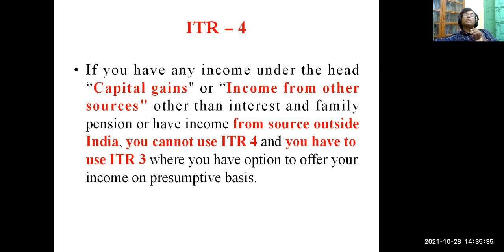So please remember, if a person has income from capital gains or income from other sources, except interest or family pension, or has an income source from outside India, then you cannot use ITR 4. You have to go for ITR 3, which I have already discussed.